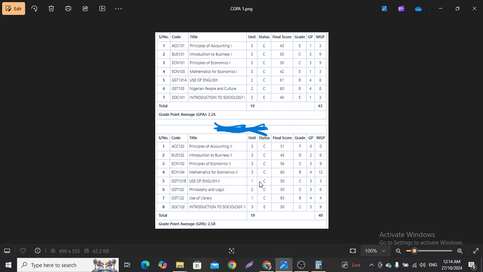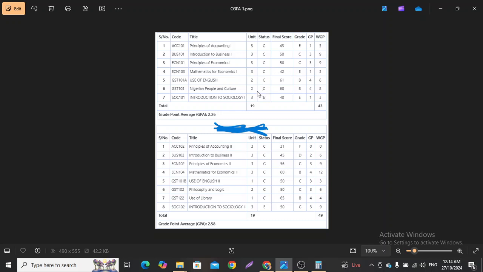Now, whatever grade you earn, if you earn an E where the course unit is 3, that means it will be 1 times 3 to give you 3 here under the weighted grade point.